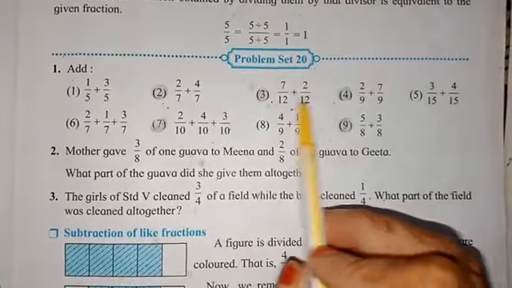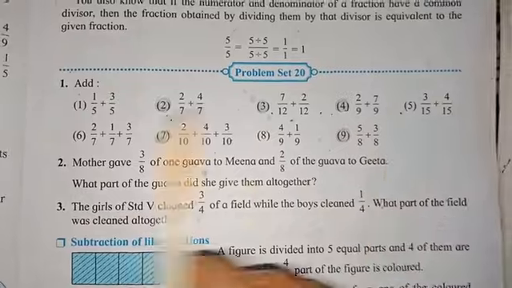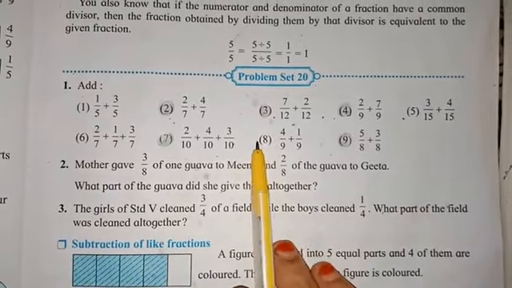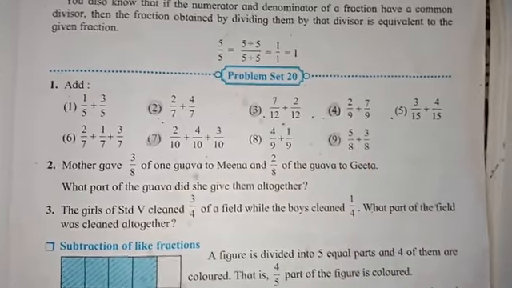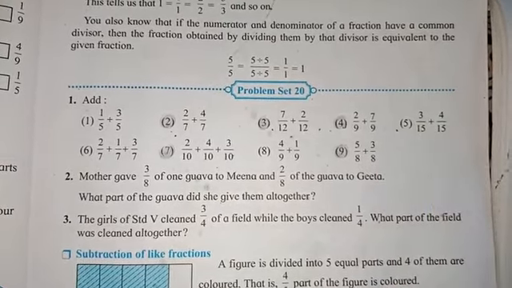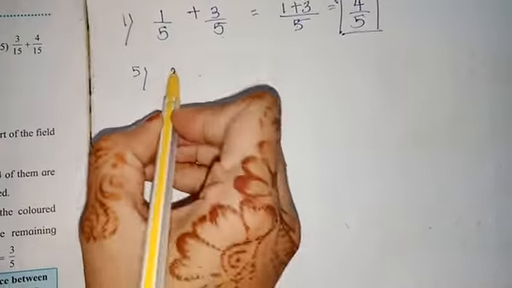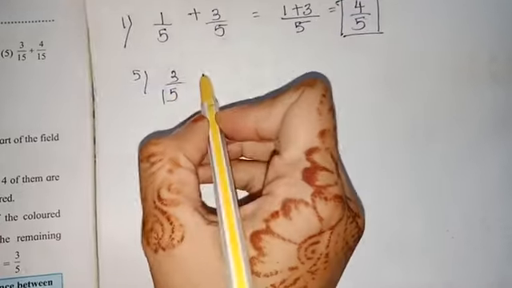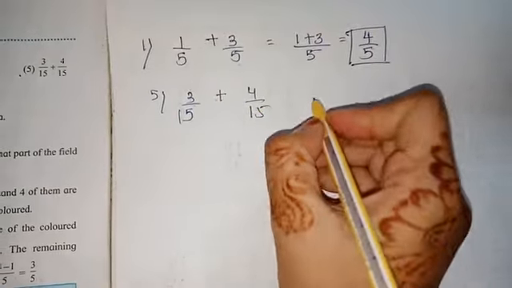Question numbers 2, 3, 4 are cancelled. So I will directly do question number 5, 6 and then 8, because question numbers 7 and 9 are also cancelled. So now question number 5. Question number 5 is 3 by 15 plus 4 by 15.